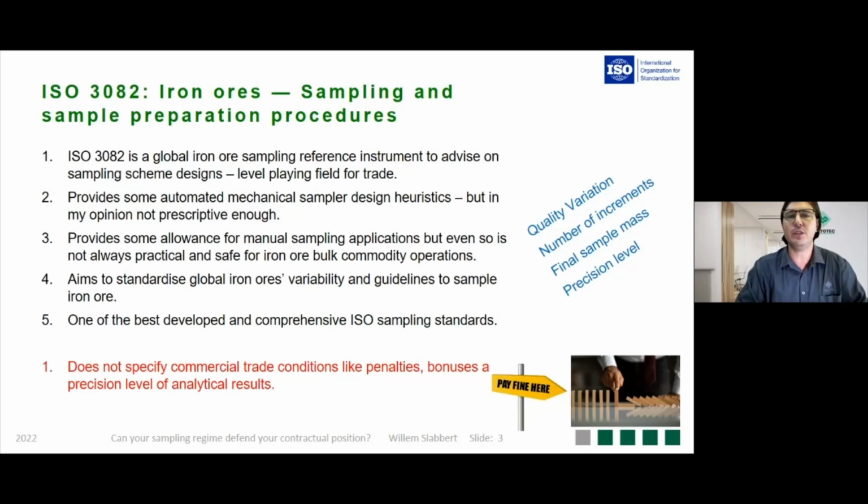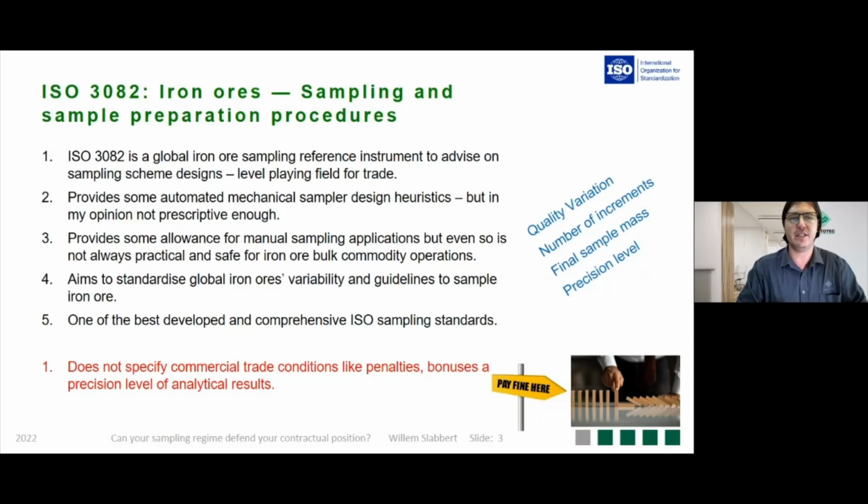We provide some automated mechanical sampler design heuristics and even some manual sampling applications. But as you would know, in a bulk ore commodity application like iron ore with exceptionally large flow rates, it is not always safe or practical to sample these streams manually.